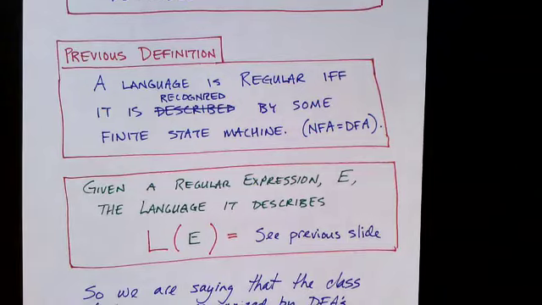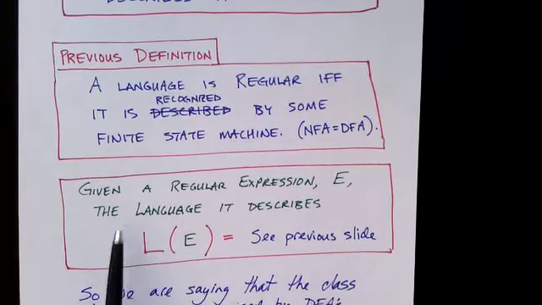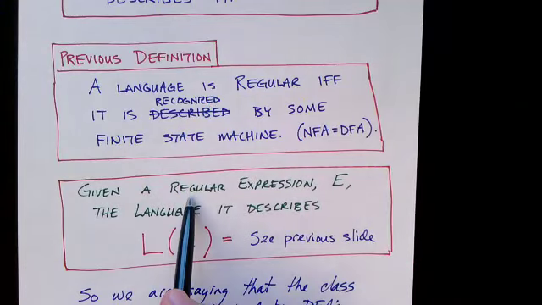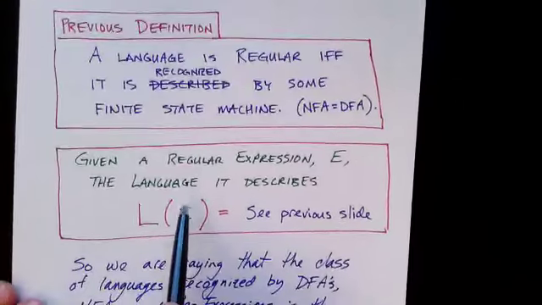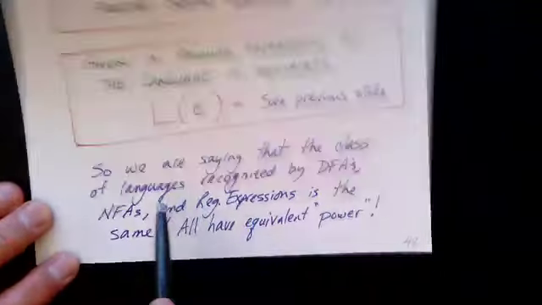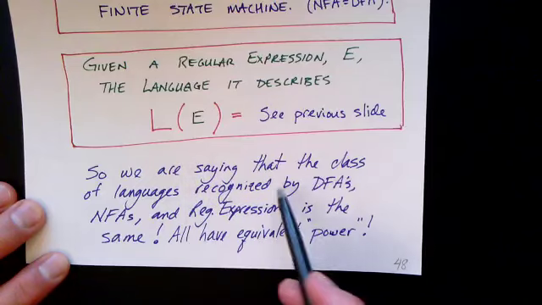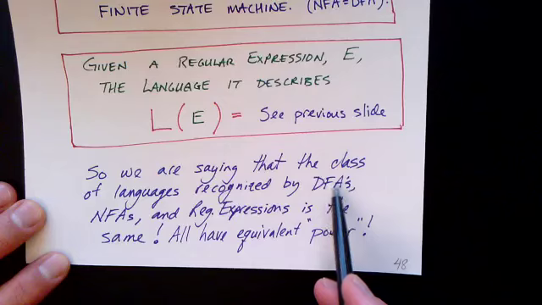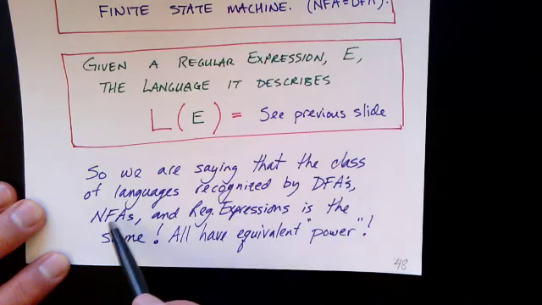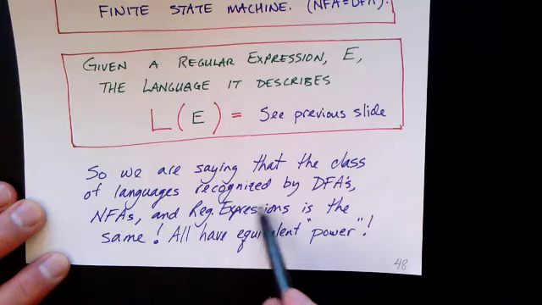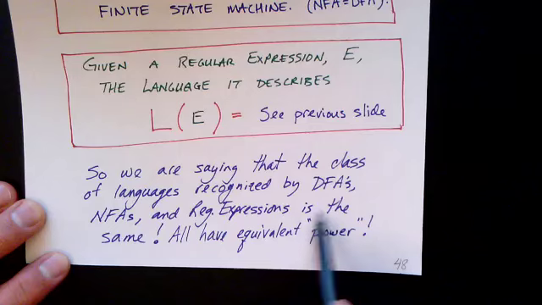So we have our definition of regular languages, we have our definition of regular expressions, and now what we're saying is that these two things are exactly equivalent in power. To summarize everything, the class of languages recognized by deterministic finite automata and by non-deterministic finite automata and described by regular expressions is exactly the same.